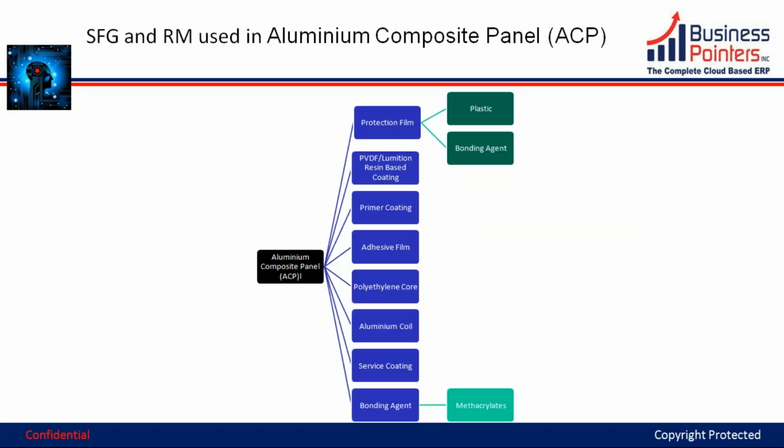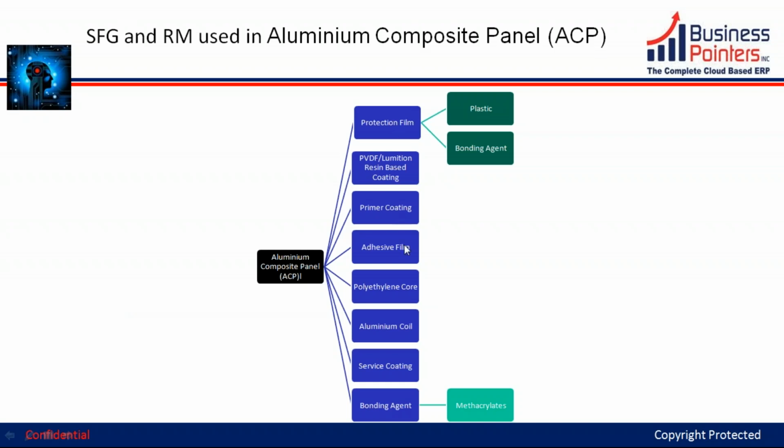The next slide will show us the bill of material. So how the bill of material is depicted, this slide will show. If you see here, we have aluminium composite panel. The raw materials and the formulations that are required to manufacture it are shown over here.